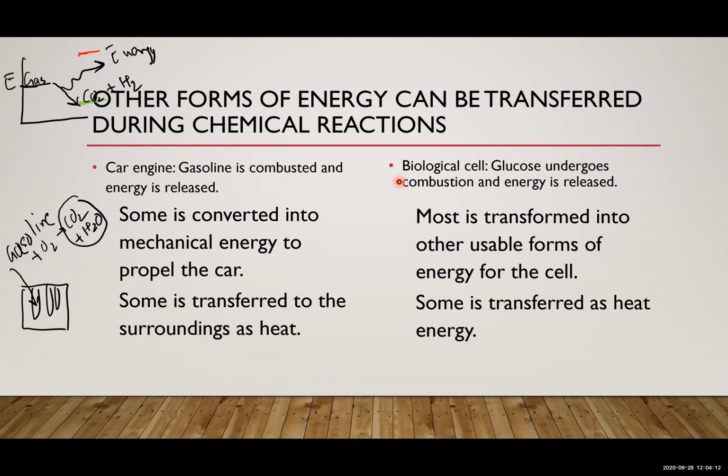In that process, some heat energy is liberated, which is used to heat up your body or for other functions. So that process is also exothermic. Both of these are examples of exothermic reactions.